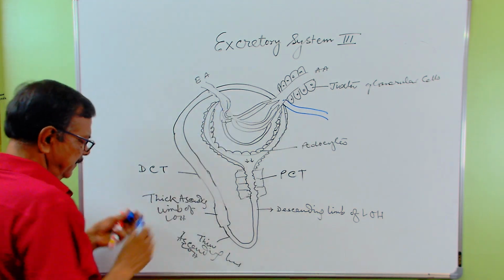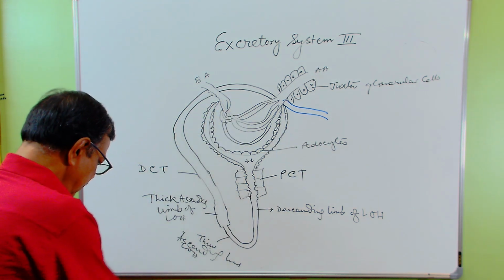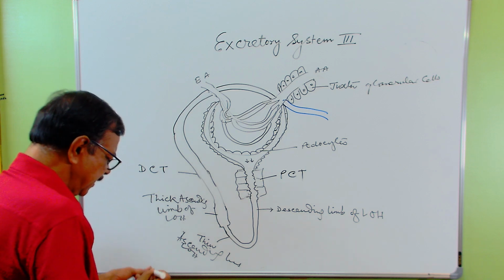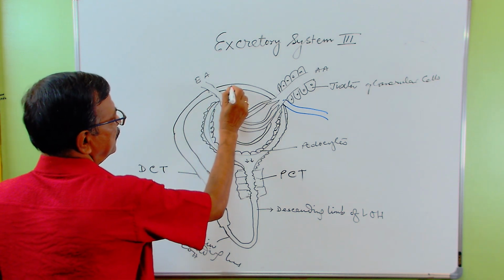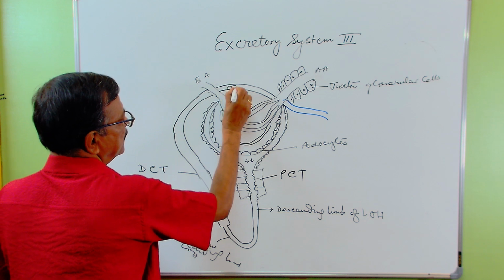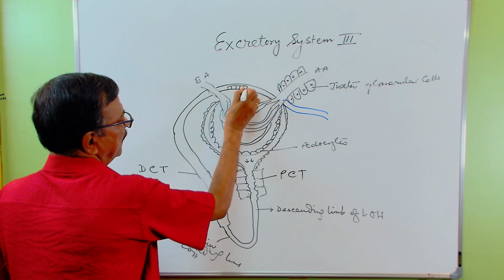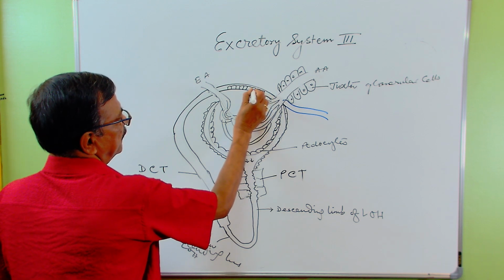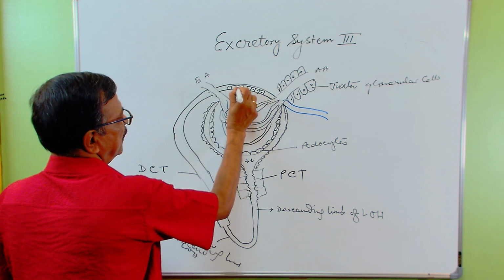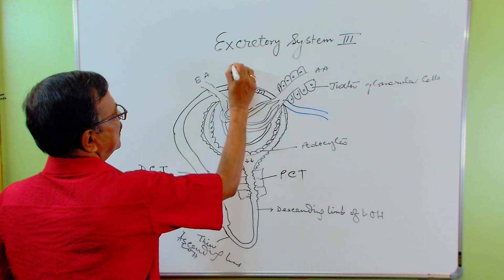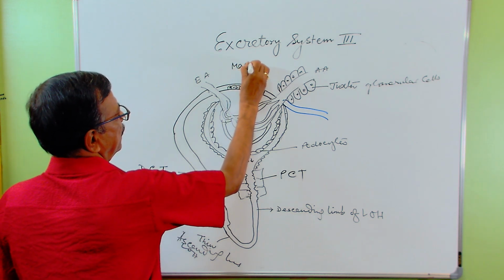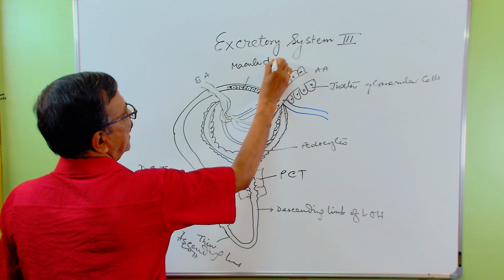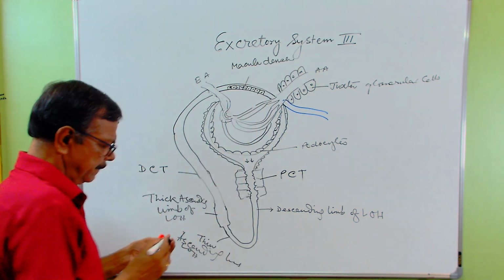So here it is seen that they are found to contain some cells with dense nuclei. These cells with dense nuclei are known as macula densa. Clear?